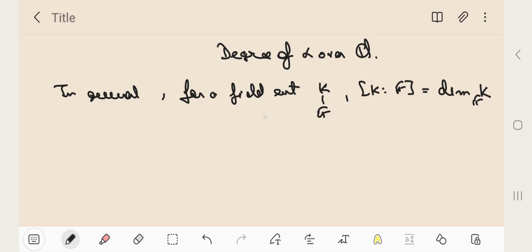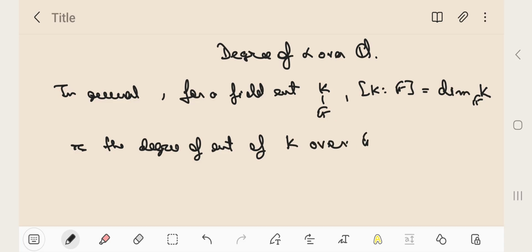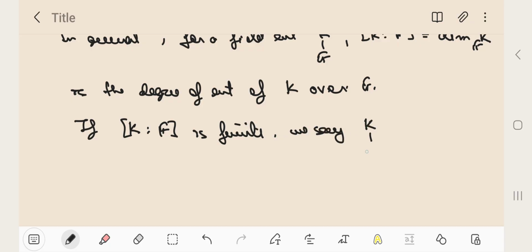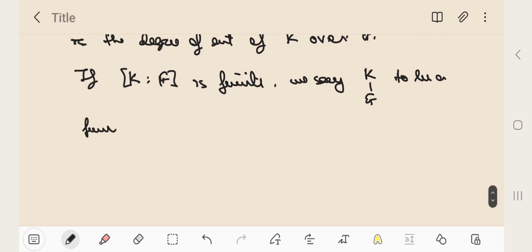Okay. If this degree of extension is finite, we say the extension to be a finite extension.